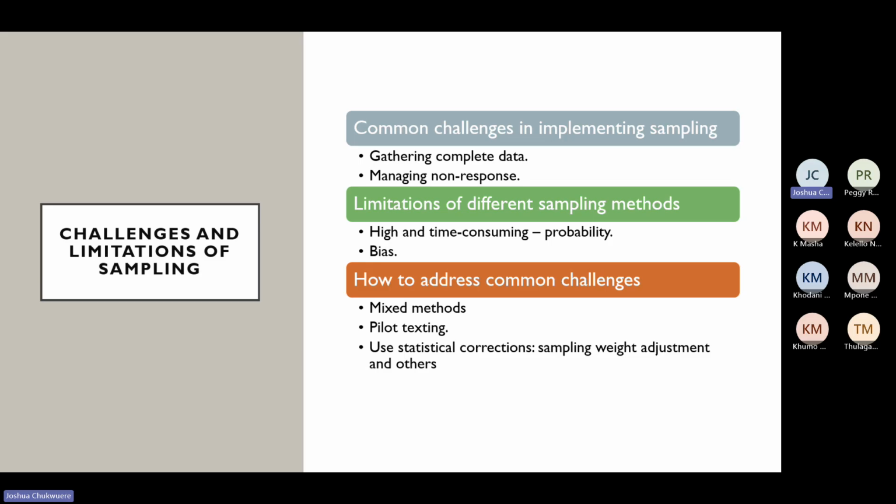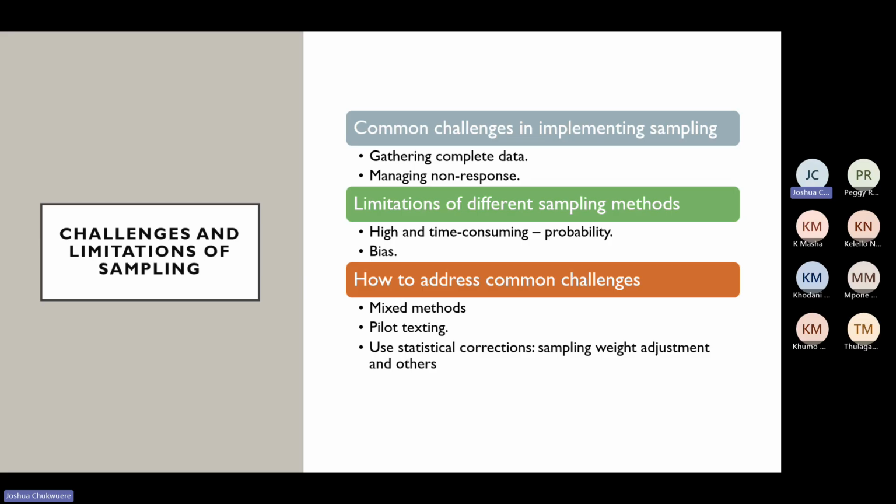Okay. So limitations of different sampling methods: high cost and time consuming. A probability sample is very time consuming. For example, remember when you're collecting 250 interviews, when you're collecting 250 or 300 data points, it's going to take you time, right?